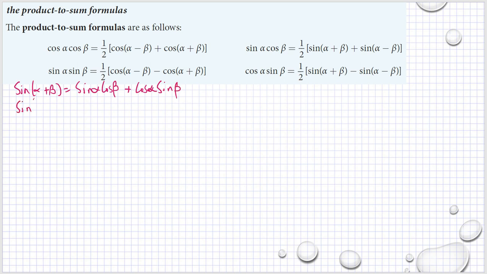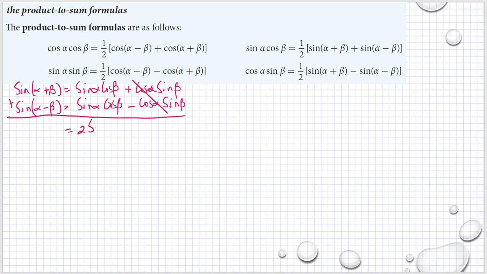And then we have sine alpha minus beta is equal to sine alpha cosine beta minus cosine alpha sine beta. So if we add those, this will become 0.